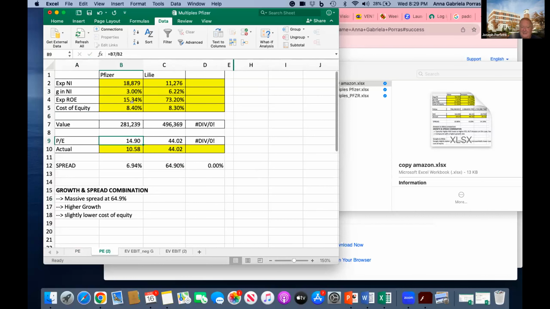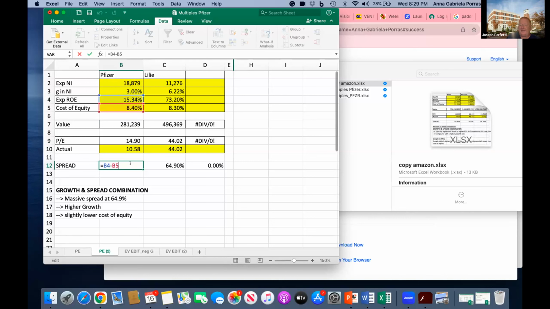Well, but if you follow that logic, let's say we did take the 3% growth, what would you have to do to get down to a PE of 10.58? You'd have to reduce the spread. Right. So in this case of negative G, would that make sense?